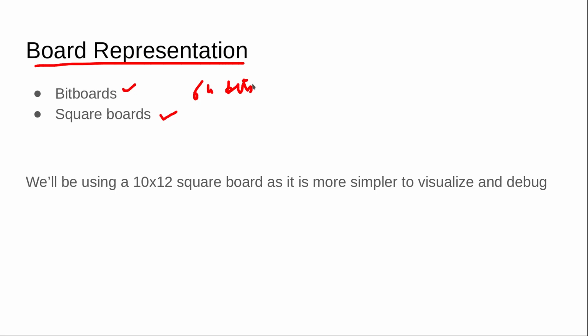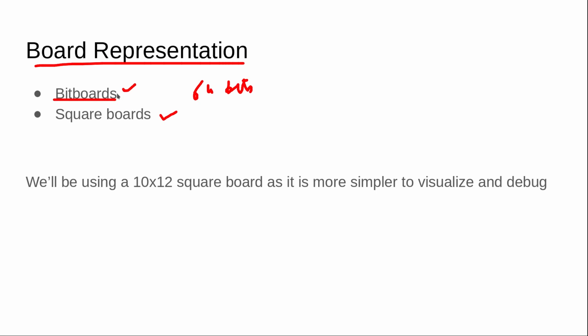Then we use bit manipulation on these bits to move the pieces on the board, capture, and do the other stuff. Bitboards is the more popular one, and it is also comparatively faster, but it is not so easy to visualize.